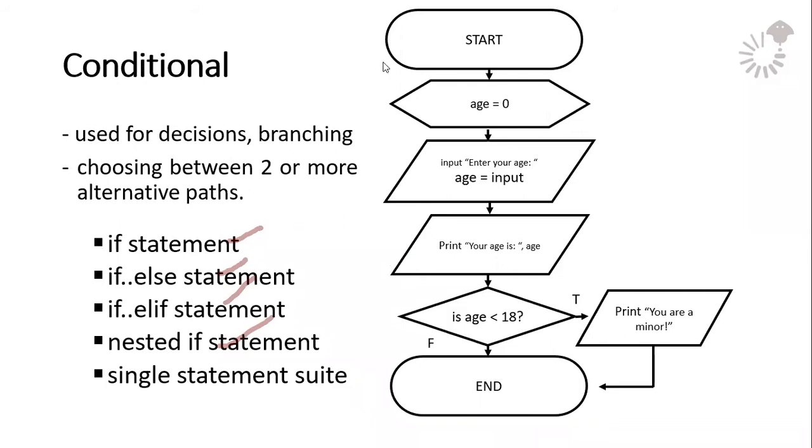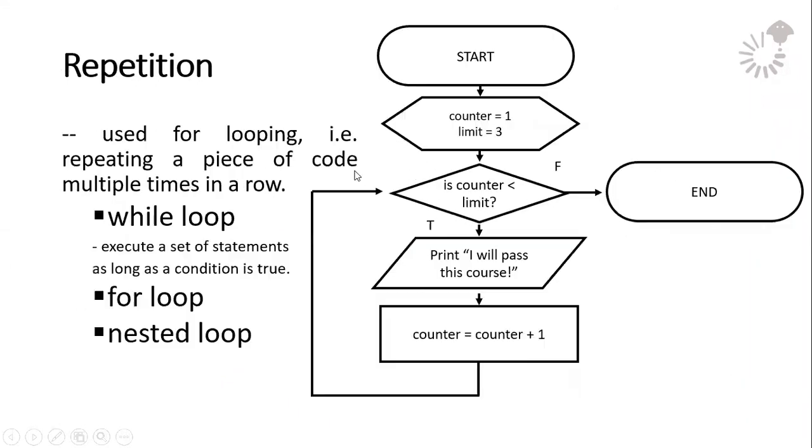For flowchart number 7 and 8, sabi natin, these are not conditional. They are repetitive control structure or looping control structure. Therefore, ang statements na gagamitin lang natin for 7 and 8 is either while loop, for loop, or nested loop.